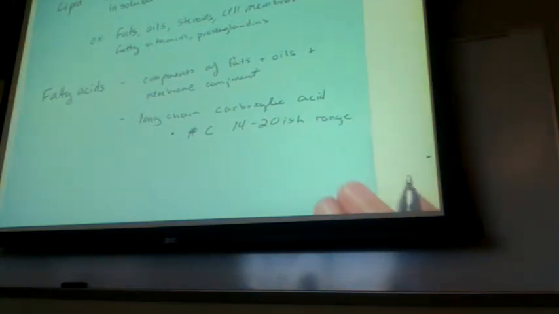And your fatty acid is just a long chain carboxylic acid. So your number of carbons are going to be in the 14 to 20-ish range. Usually you don't start calling something fatty until you've got 14 carbons or so.